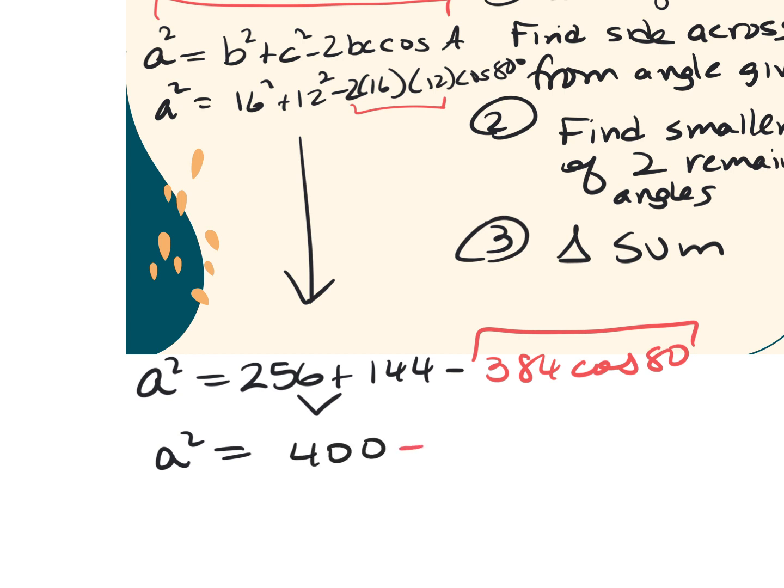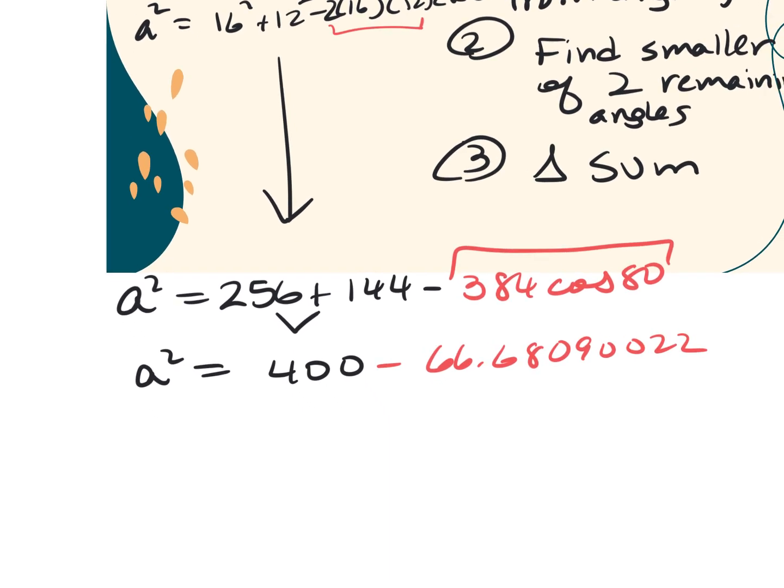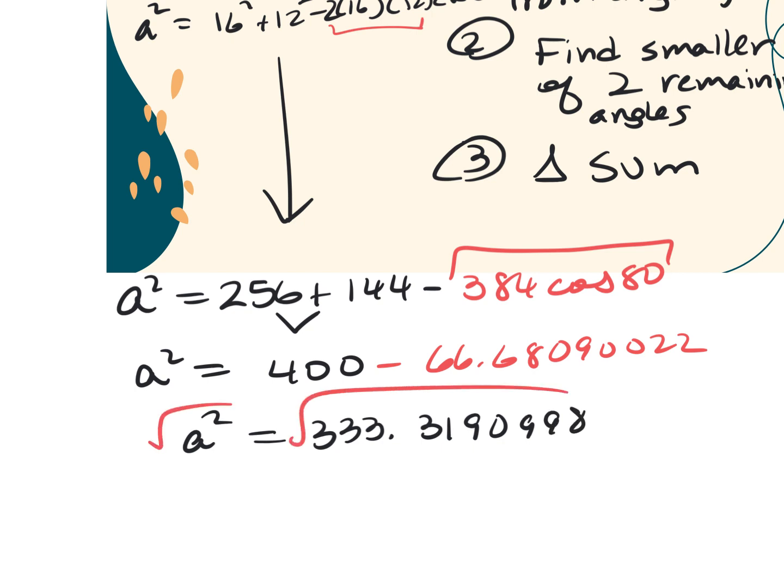Once I multiply 384 times the cosine of 80, I get 66.68090022. Once I subtract that, I get A squared is equal to 333.3190998. I need to square root it. And then my A value rounded to the hundredths place is 18.26 meters.